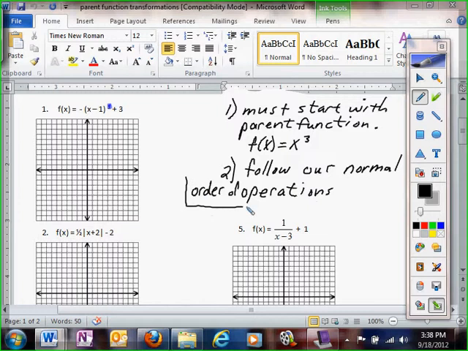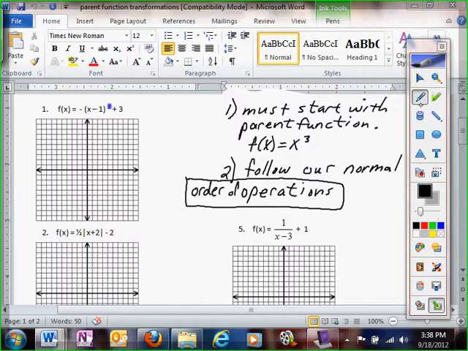This is very important. Sometimes it doesn't matter what order you go in, just like when you're simplifying an expression, but sometimes it does. And if you don't follow your order of operations, you will have an error, and you don't want that. So we will follow our normal order of operations, meaning parentheses first, and then multiplication and division, and then addition and subtraction. So let's take a look at this example.